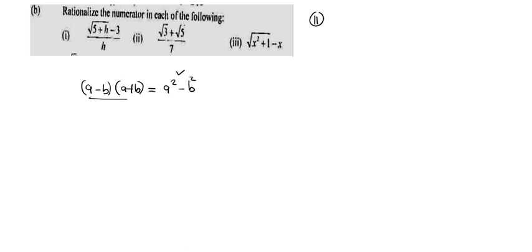So here what we are going to do is we'll say this is root 3 plus root 5, okay, over 7, like that. So how do we do this? Remember, we're doing the numerator. So I'll do the conjugate. So say root 3 plus root 5.